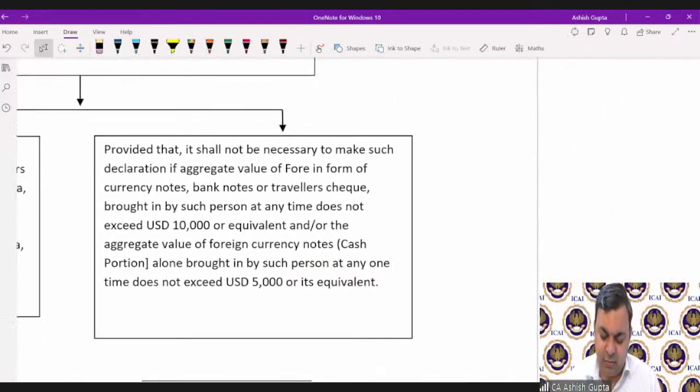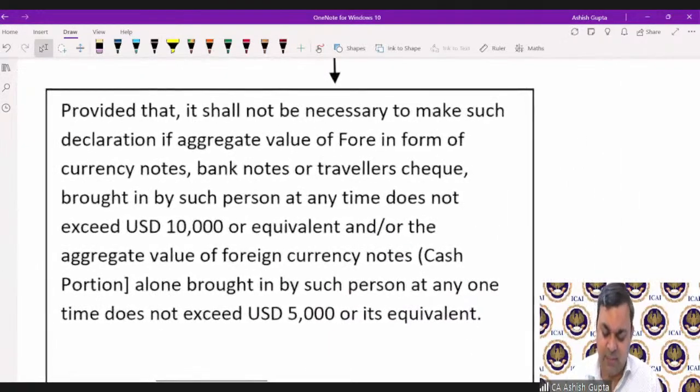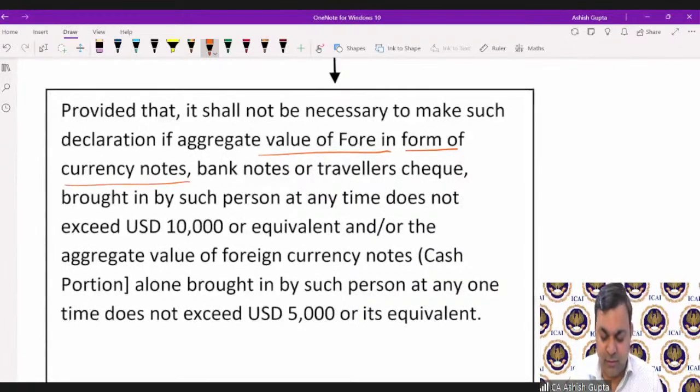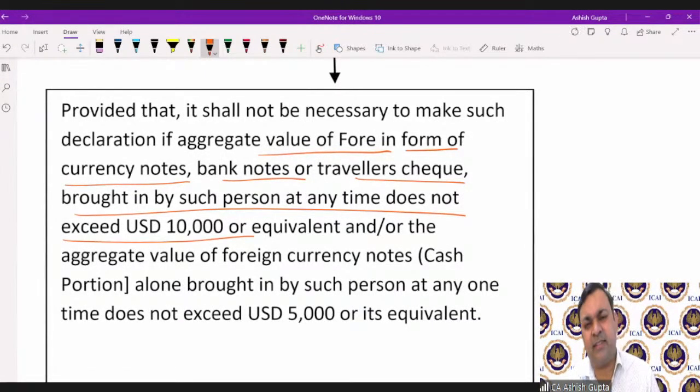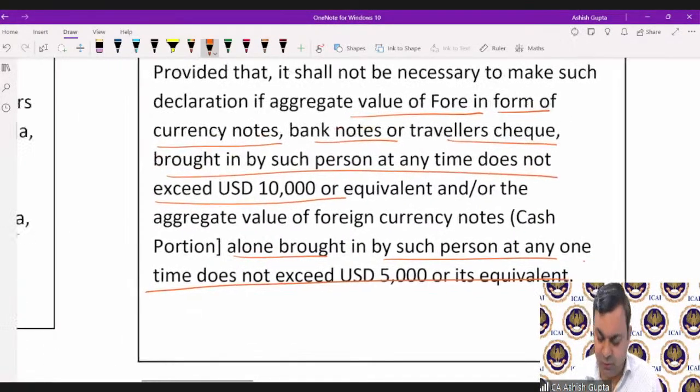It shall not be necessary to make such a declaration if the aggregate value of foreign exchange in the form of currency notes, banknotes and traveler's checks at one time does not exceed $10,000 and the aggregate value of foreign currency notes, cash portion alone, brought by such person at one time does not exceed $5,000 or its equivalent.